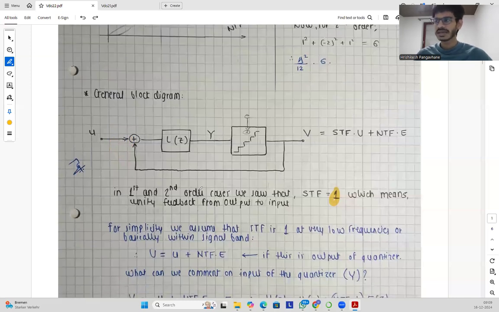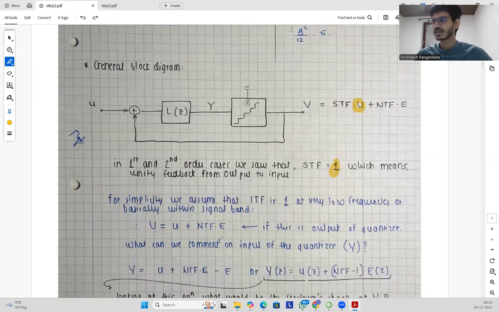For simplicity, we assume that STF is 1 for all cases. It's possible to make it 1 at very low frequencies, within the signal band, and then the output comes out to be U plus NTF times E, because STF is 1.